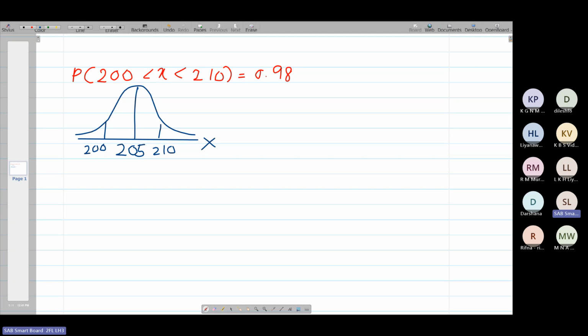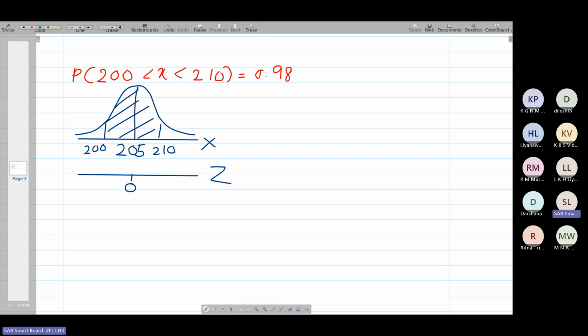In between them, it means the same. Is it clear? Okay, then between 200 and 210 is 98%.